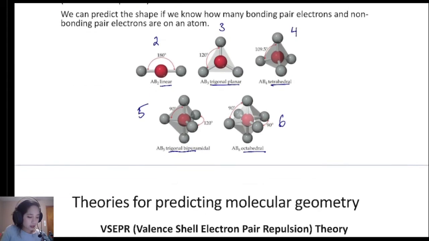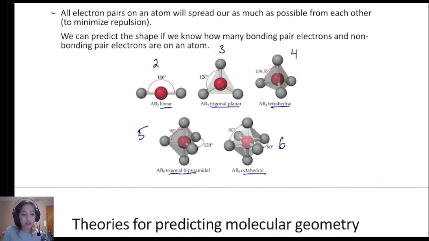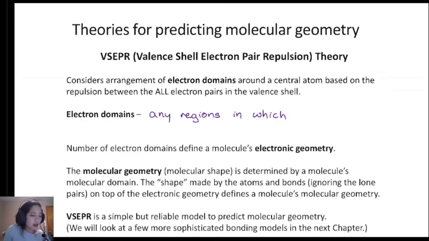So diving deeper into how we actually predict the shape, like how did I come up with these shapes with these electron domain numbers? This brings us to the theories that we use to predict molecular geometry. What we use is called VSEPR theory, or valence shell electron pair repulsion theory. This theory is pretty basic, but it works really well to predict molecular geometry.